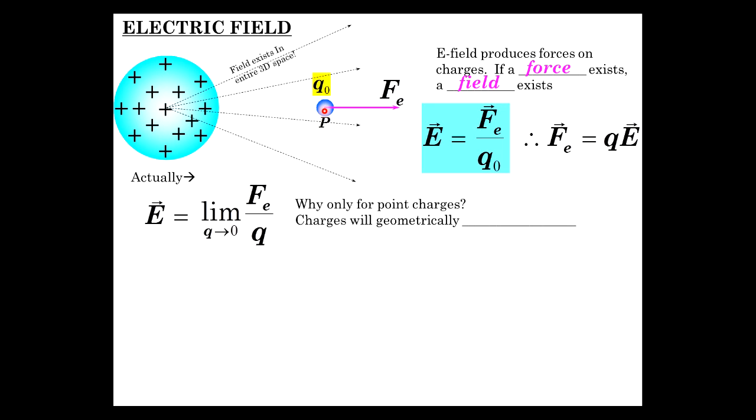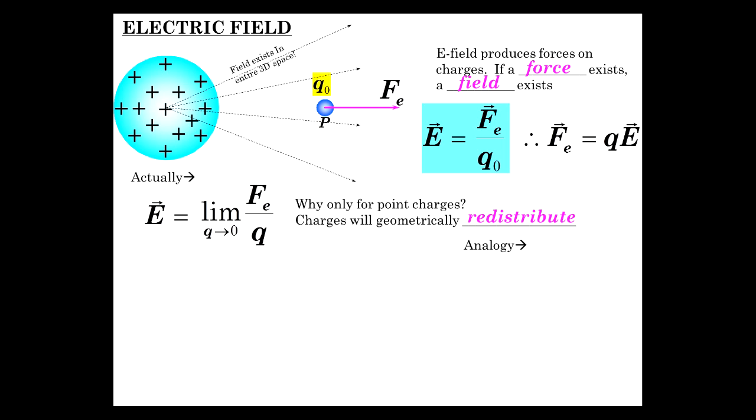So if this is a positive charge, it's going to push on these charges, redistribute them, and now you have a different geometry of charge distribution, which results in a different electric field geometric distribution. So the charges will redistribute geometrically. All right, so for the most part, we don't have to worry about that.